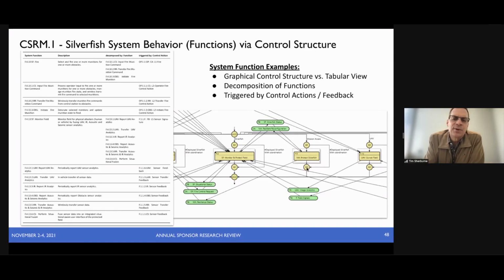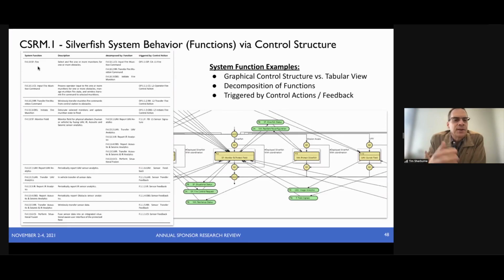So there's a graphical view here, a snip of a graphical view, but then on the left, out of the model, you can grab tabular views of the items in the database. Here is an example of the system function to fire a weapon, the top level function.